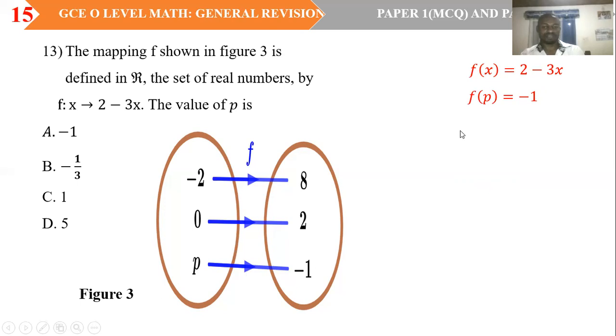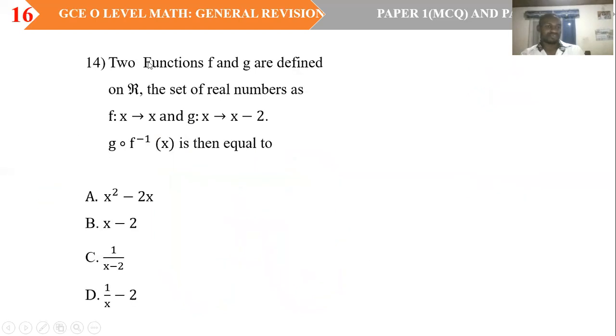But what is f of p? f of p means we go to f of x and we replace x by p. 2 minus 3p is equal to -1. Here we simply solve for p. Rearranging and simplifying gives p equals 1. Answer C.